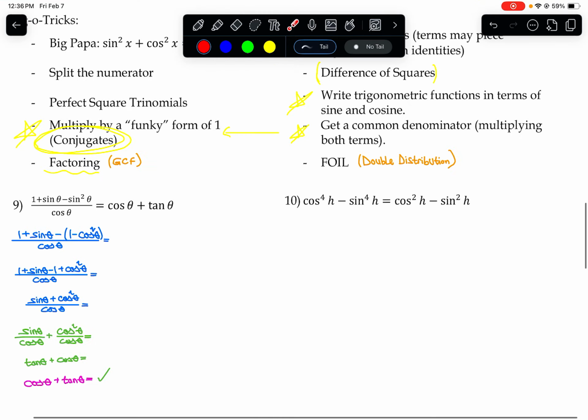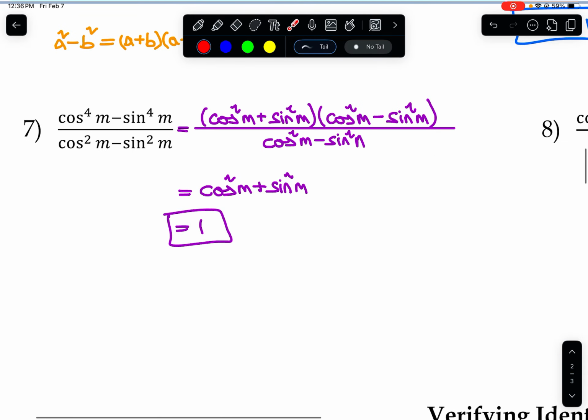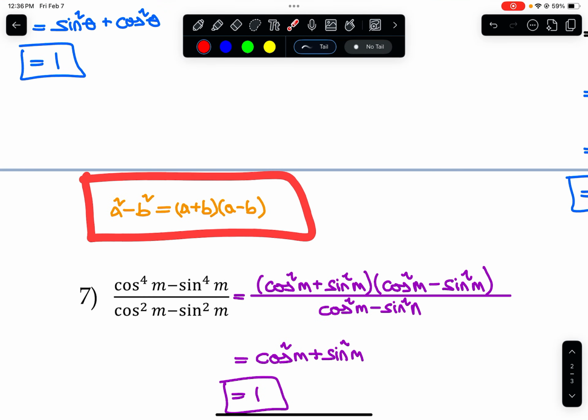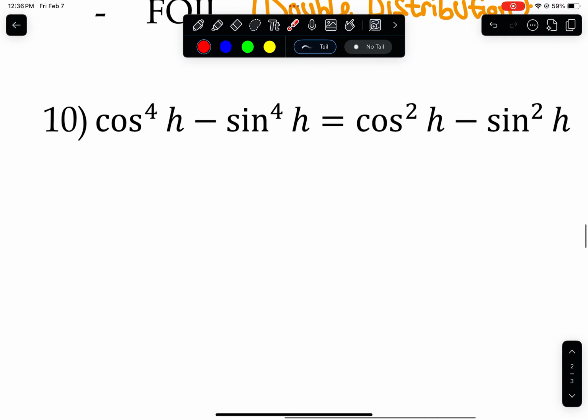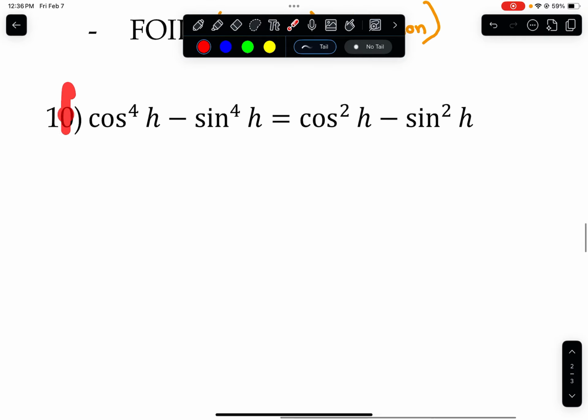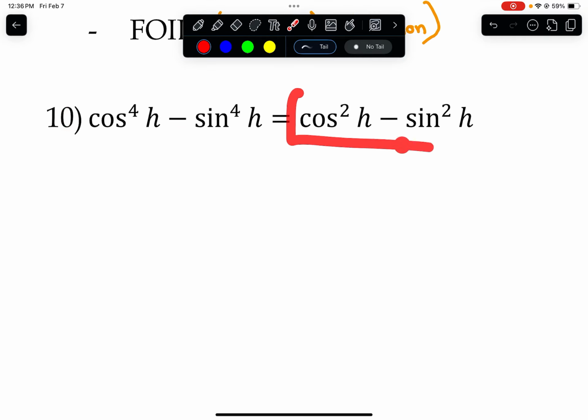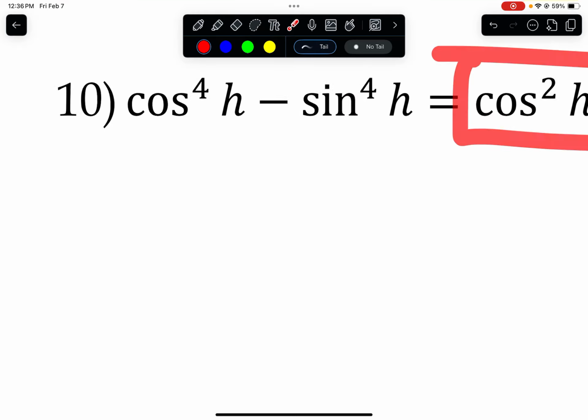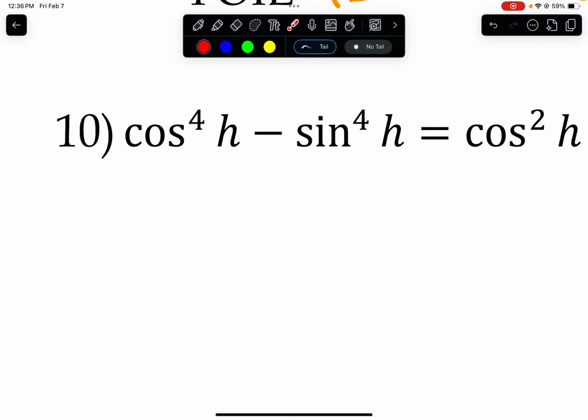All right, number 10. Number 10 is going to be really similar to number 7 up here, where we're going to do the difference of squares. The dumpster fire I see is the left-hand side. The right-hand side is also a dumpster fire, but this side is more ferocious.